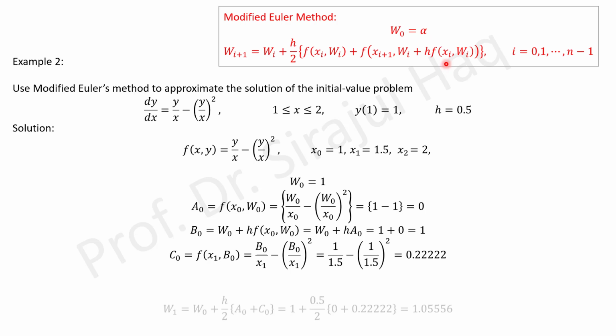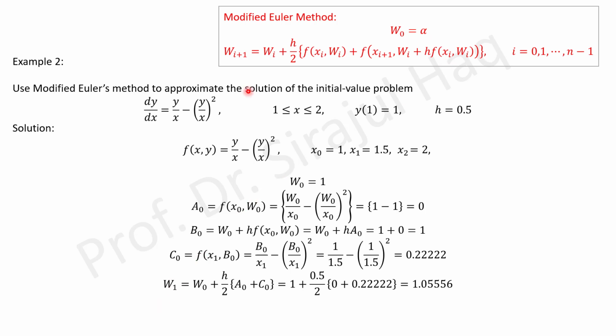So what will be W1? W1 is equal to W naught plus H divided by 2. This I denoted by A naught, and this whole I denoted by C naught. So A naught you have computed, C naught you have computed, substitute the values, and this gives you the solution of your differential equation at x is equal to 1.5.